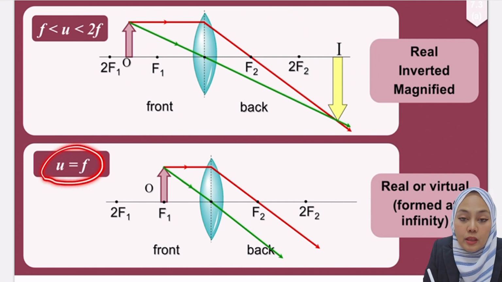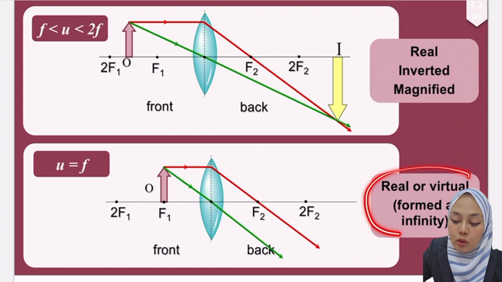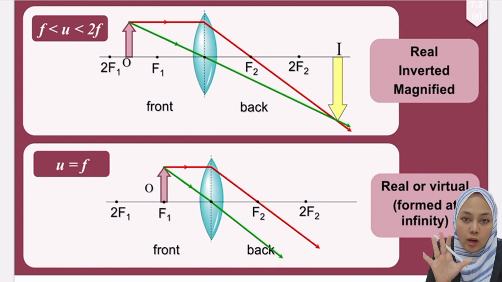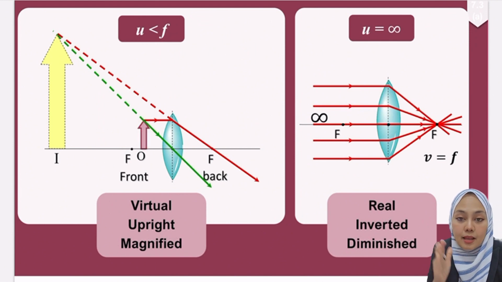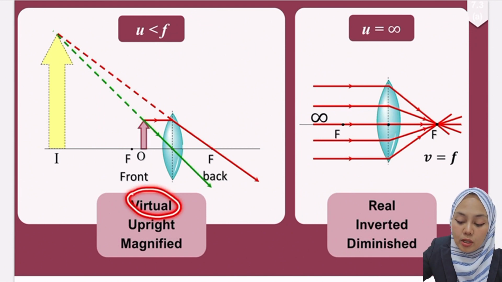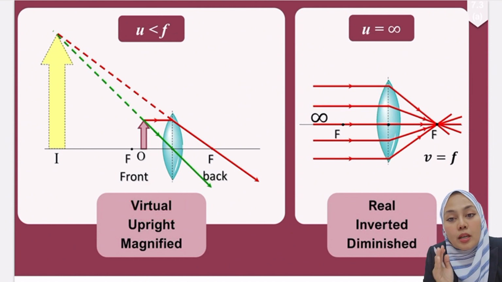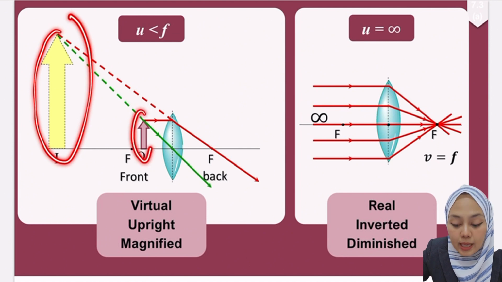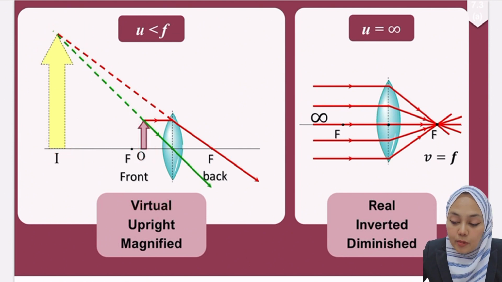For an object at the focal length, we normally don't get any sharp image. If the object is placed less than the focal length, the image is virtual. How do we know that it is a virtual image? Because it is formed on the same side as the object.